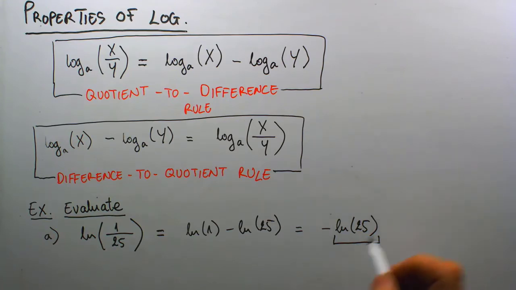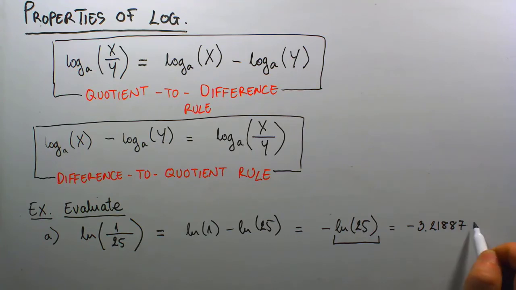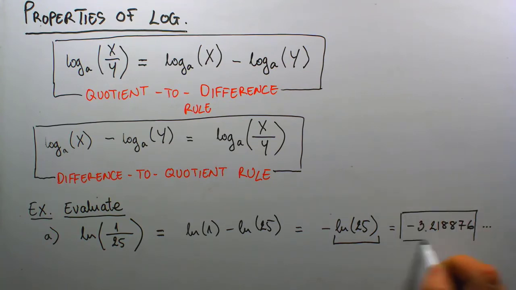So now the answer will come out to negative 3.218876. Allow me to stop at 6 decimal places here, but it will be a lot longer. And that's how we can calculate.